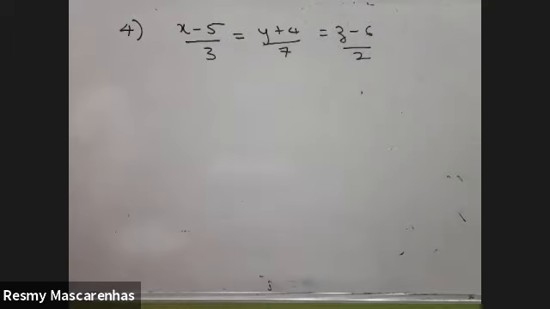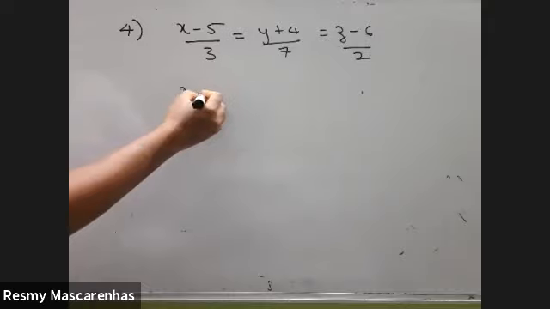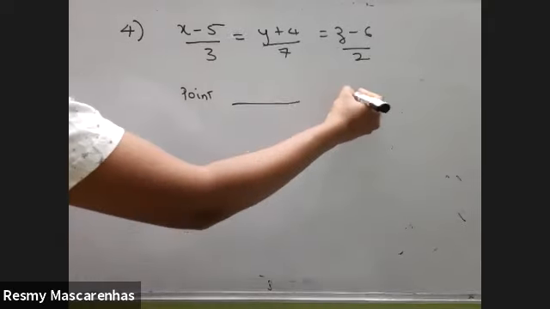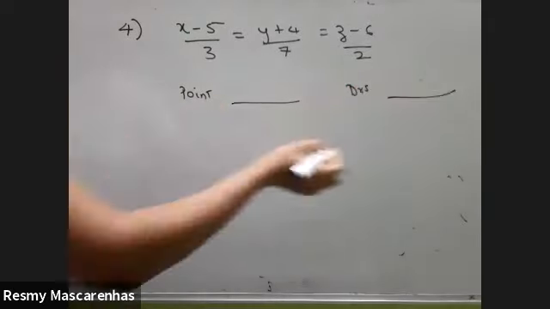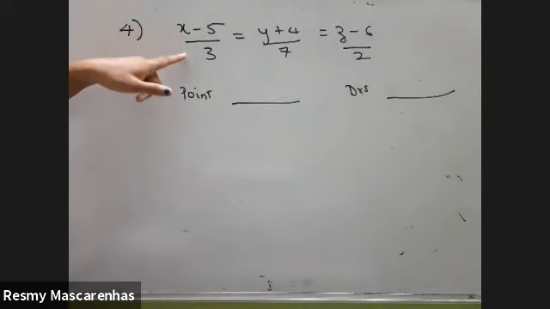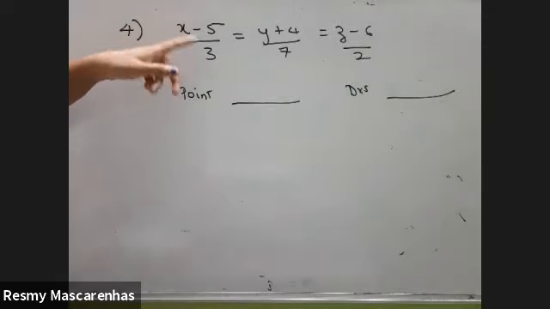So they have given you Cartesian form and asked you to write it in vector form. Whichever form is asked, I told you what you need is a point and direction ratios. So find out what is the point and what are the direction ratios from this line.